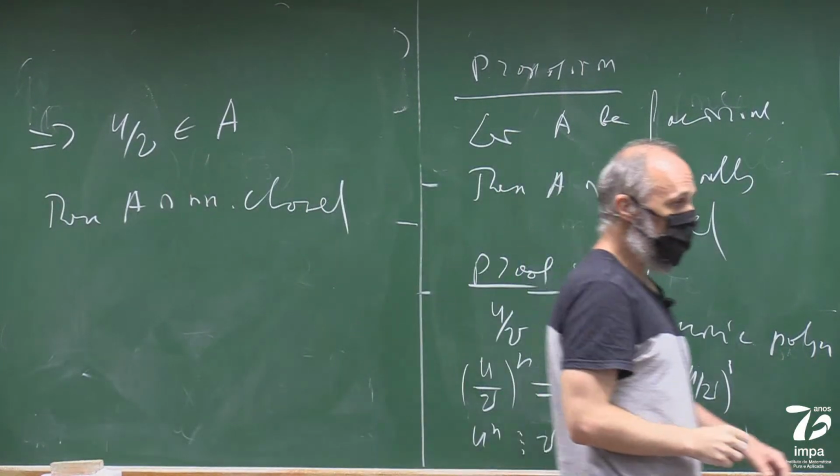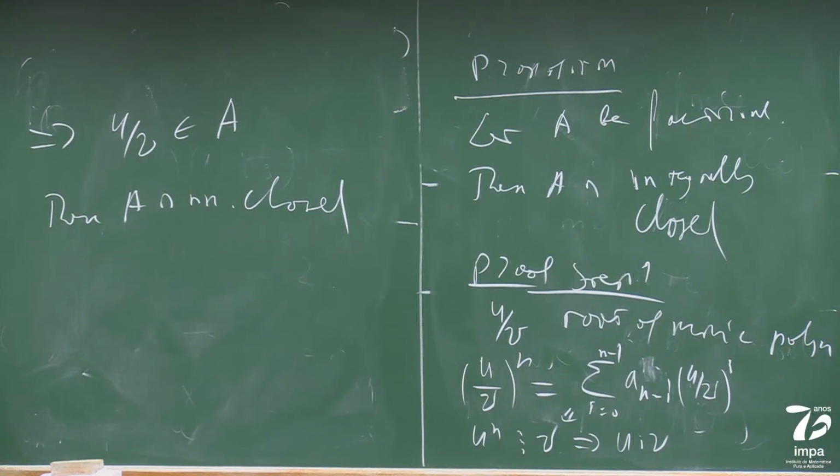So integral closedness for factorial rings is a one-line argument. There's nothing to do.